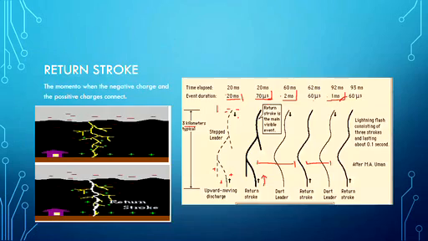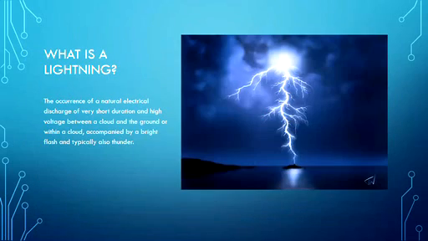Can we actually determine where the lightning is going to strike? And the answer is actually no. Even though we know that in electrical terms, the lightning is going to strike an object with less resistance and amplitude.